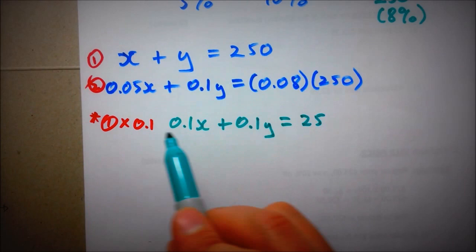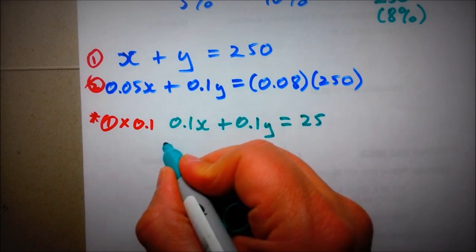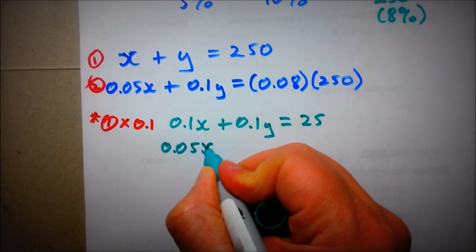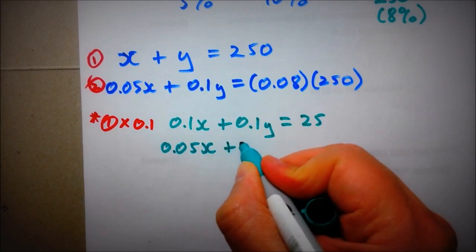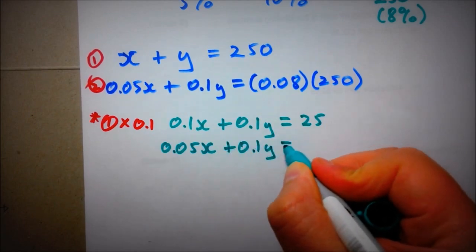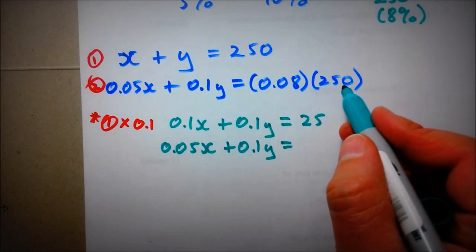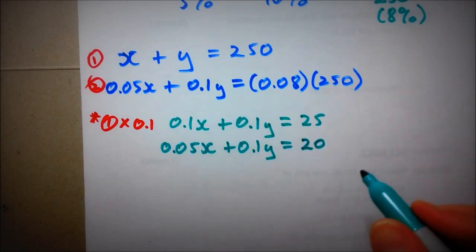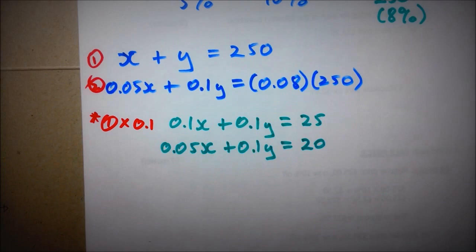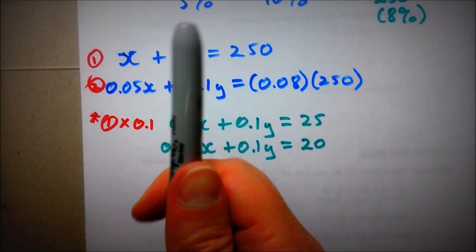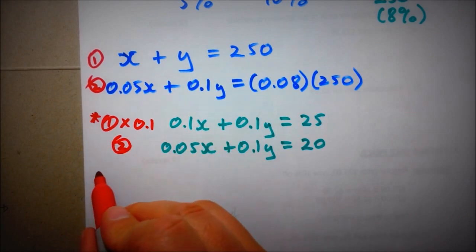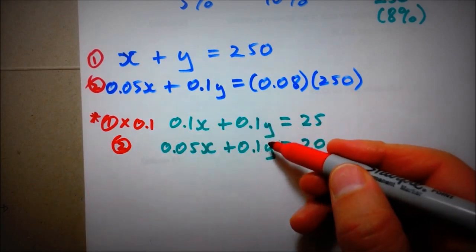And now I'm going to rewrite equation 2 here, 0.05x plus 0.1y equals 0.08 times 250, that gives us 20. Okay, so we have our two equations here. Let me just label with the right color. And I'm going to subtract in order to eliminate y.